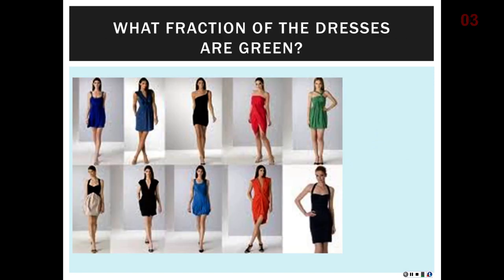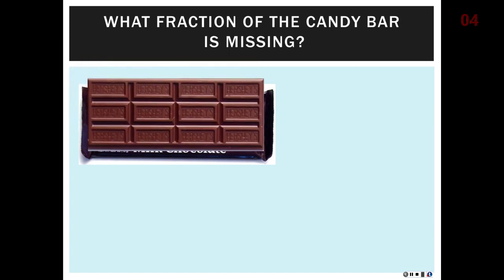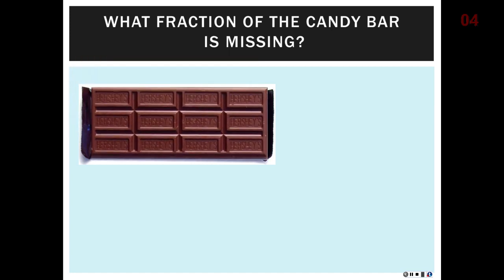Okay, so what fraction of these dresses are green? 1 out of what? I need a fraction. 1/10. Okay, now I've got a Hershey's chocolate bar here. Now I'm going to start eating some of it. Here's the little pieces.